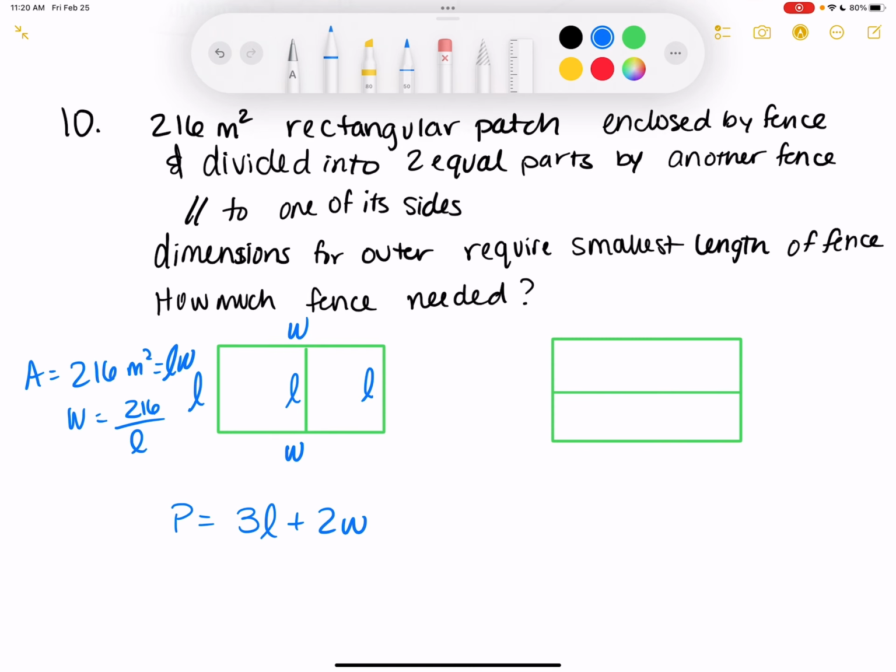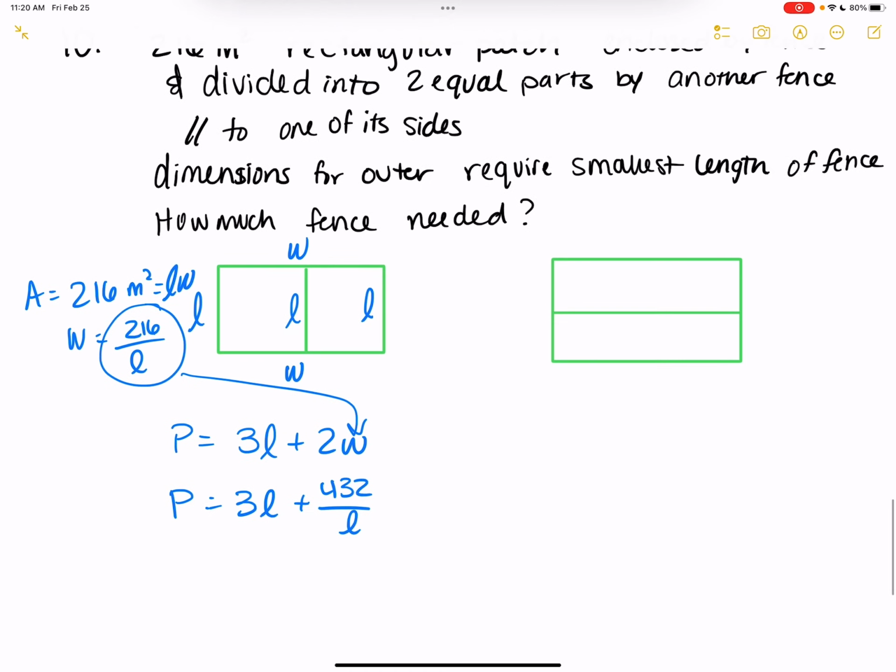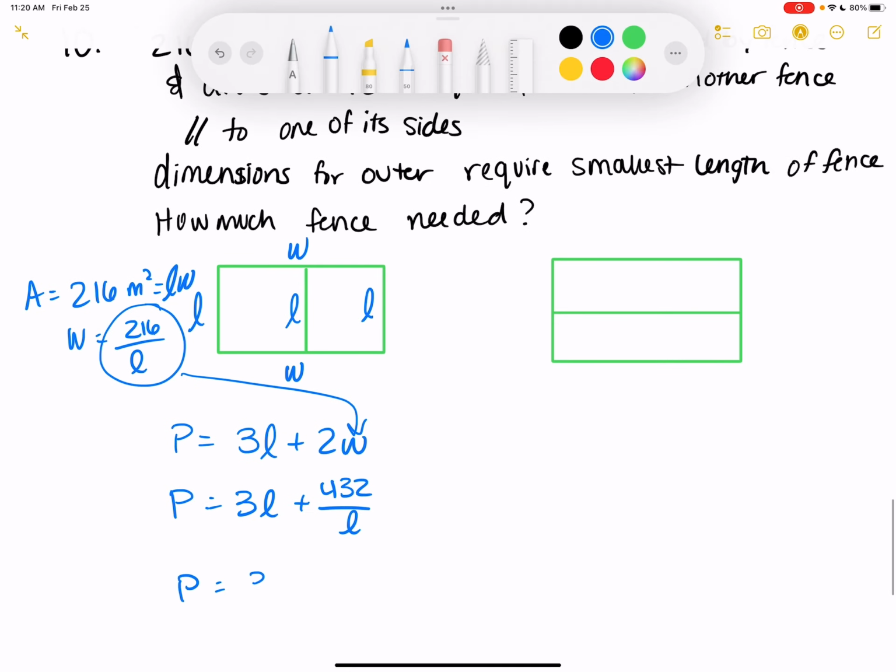I'm going to replace this width with that value. So 3L plus 2 times that would be 432 over L. Another way I could write this, since I'm going to have to take the derivative, would be 3L plus 432 L to the negative 1.